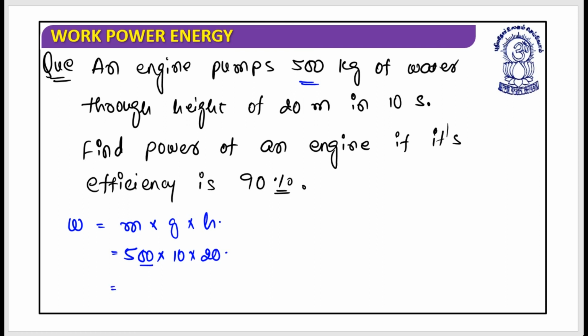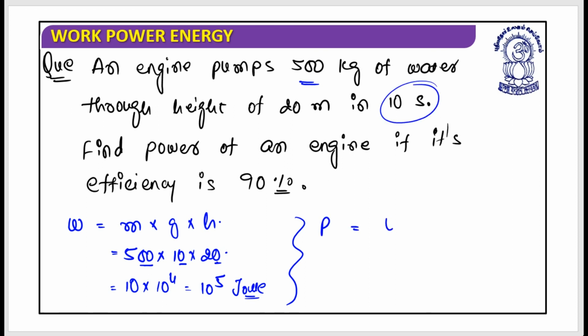So this is 5 times 2 is 10, so it's 10 into 10 to the power 4, which is 10 to the power 5 joule. This is the work done, performed in 10 seconds. So power is work done divided by time, equal to 10 to the power 5 divided by 10, which is 10 to the power 4 watt.